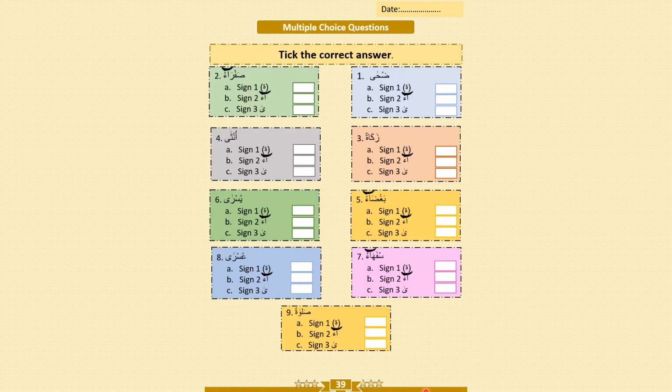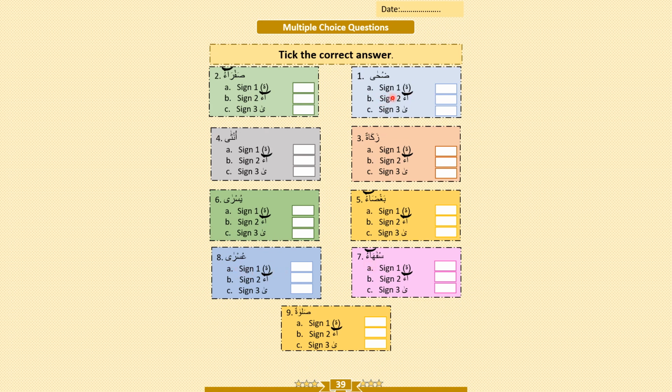Then you go on to page 39. In this activity, you need to tick the correct answer. The words are given from number 1 to 8: duha, safra, zakatun, untha, baghda'u, yusra, sufaha'u. Now, sufaha'u means foolish people, fools in the plural sense. And usra.